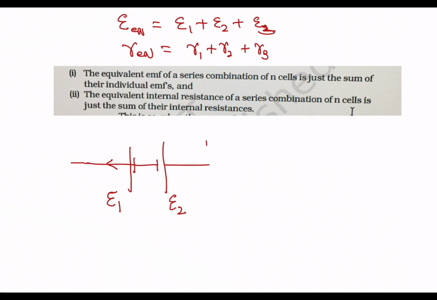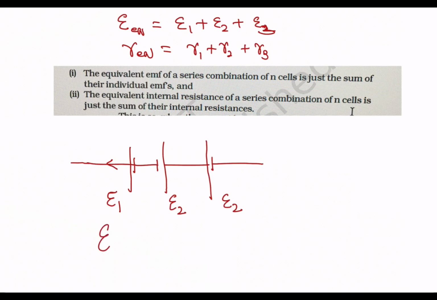And let's connect another cell which drives the current in the same direction as the first cell. So in this case, if the negative terminal of the second cell is connected to the negative terminal of the first cell, here the second cell is sending the current in the opposite direction.